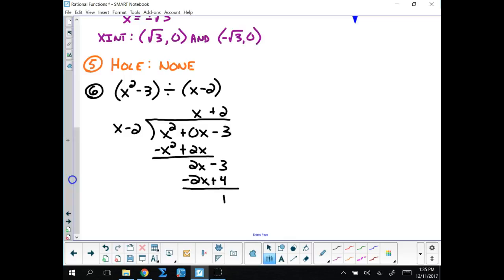Or I could say x minus 2 equals 0, so x equals 2.